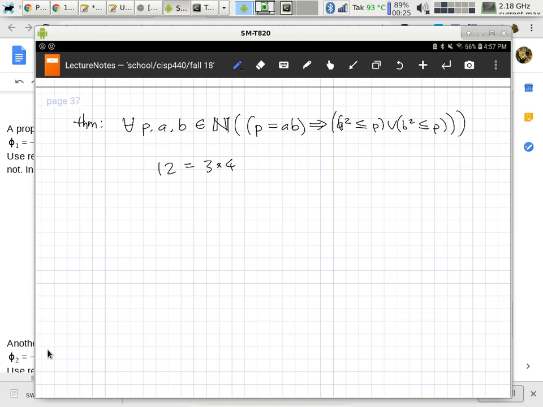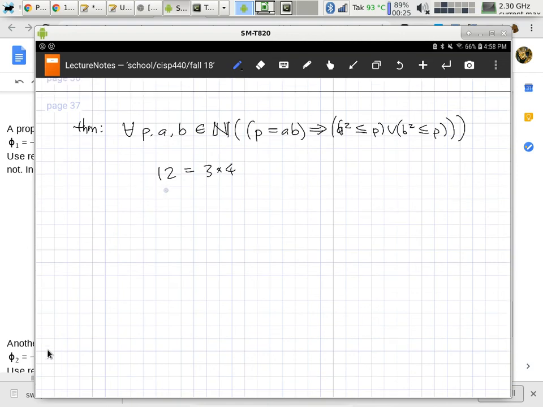Is that okay? You can also look at perfect squares, like 9. 9 is 3 times 3. So in this case, 3 is less than or equal to the square root of 9, or 3 is less than or equal to the square root of 9. That is still true. A disjunction means at least one side has to be true, but both can be true at the same time. Is that okay?